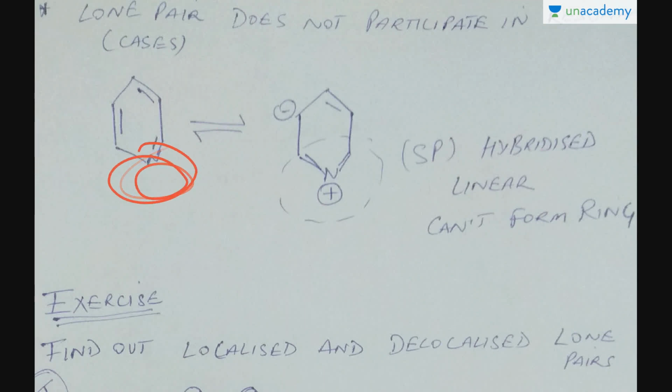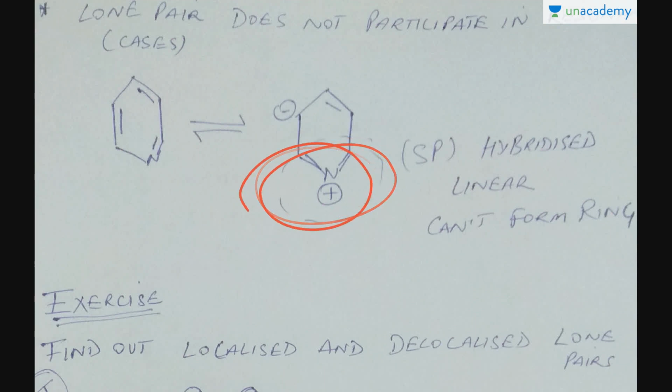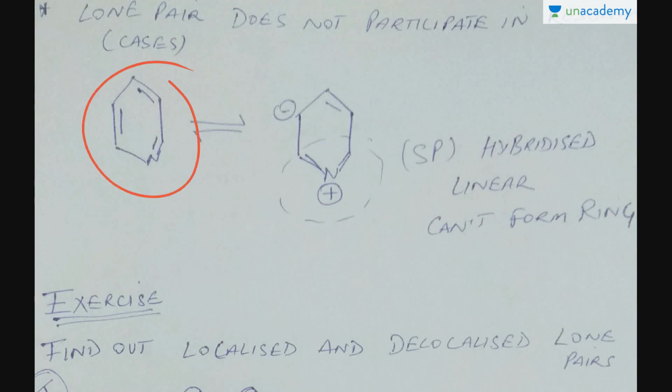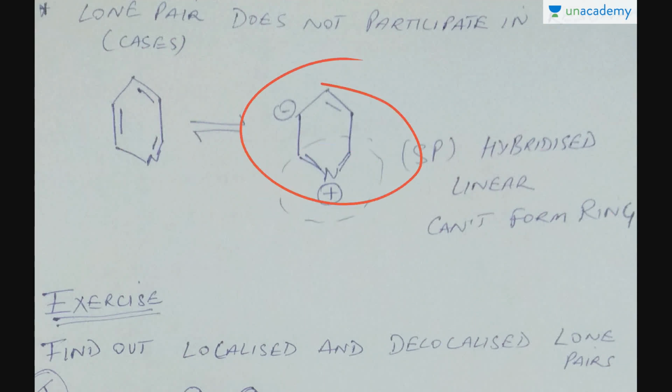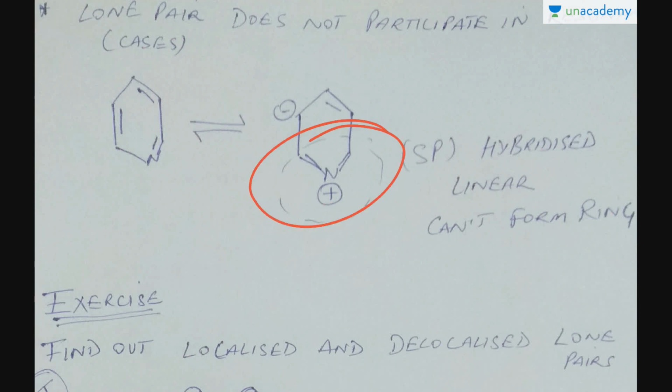Now we may tend to say that this nitrogen's lone pair will perform resonance, but if we perform resonance by nitrogen, this thing becomes sp hybridized, and sp we know it is linear, but in a ring structure, if one part is linear, the ring cannot. If we apply resonance here, the ring cannot be formed because this thing will have to be linear and not something of 120 degree or 90 degree.